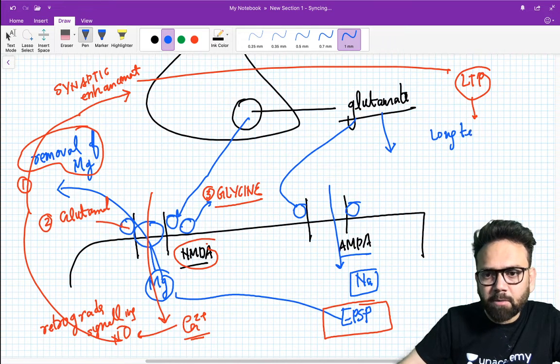You must be knowing about memory. Memory is because of long term potentiation or synaptic enhancement.